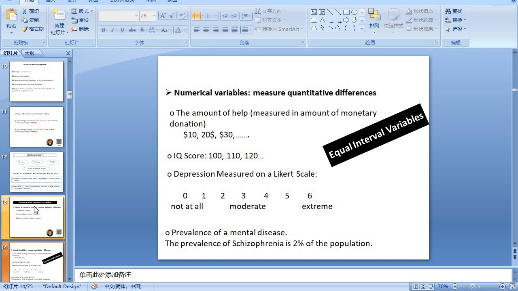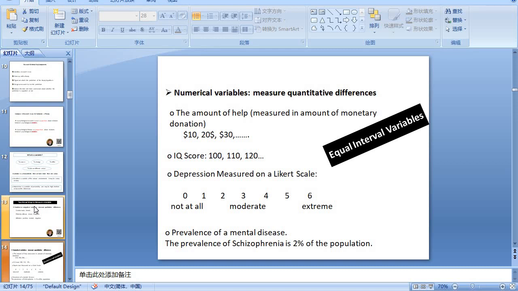IQ scores, intelligence is a numerical variable. Depression is a numerical variable. You can measure depression on a Likert scale, 0 to 6. Say 0 means you are not depressed at all. 6 means you are extremely depressed. The numbers in the middle, 2, 3 or 4, are moderate levels of depression. So these are numerical variables.